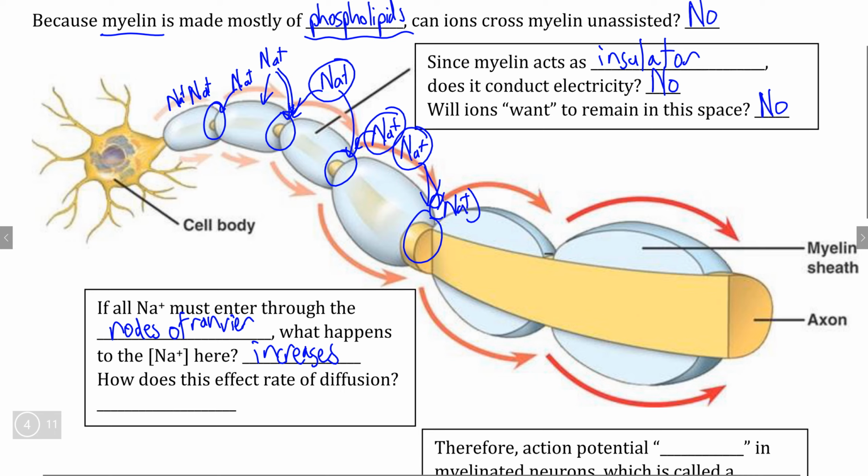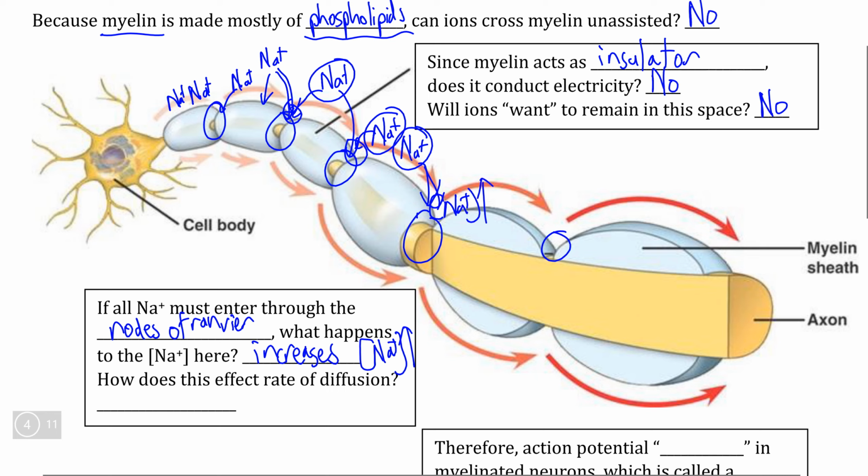If we compress the same amount of sodium that exists on the entirety of the outside of the axon into these small spaces, the overall result is a drastic increase in the concentration of sodium in these areas.